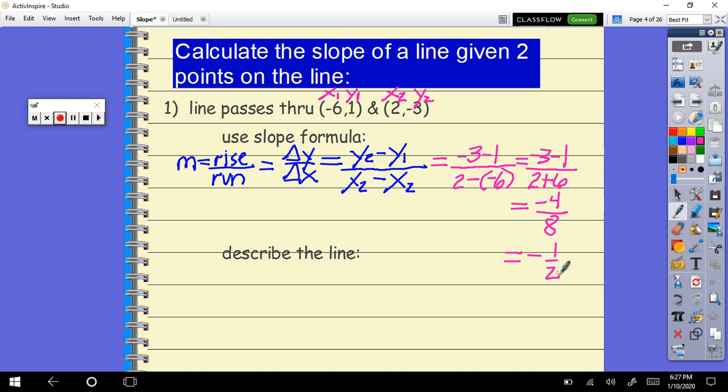Now, if I'm going to describe the line, I'm going to say the slope is negative, and a negative slope goes with a falling line. That's what we learned on the very first page of the flip chart. So I could describe the line, or I could do a quick little sketch of a line that falls.